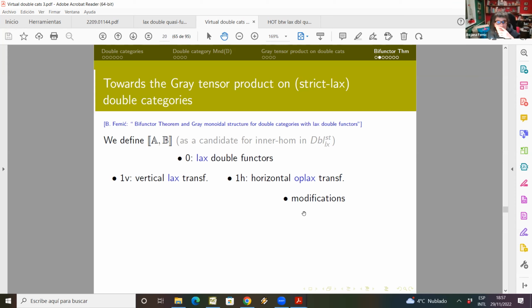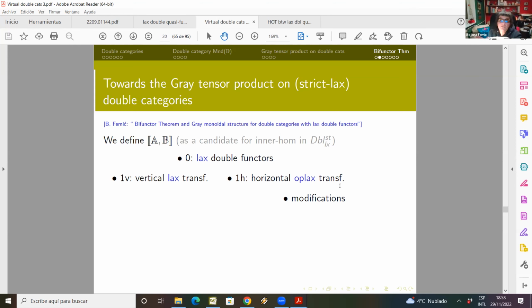So I can make a small comment here. I commented at the beginning that we have these different kinds of double functors. And then I said that the difference is that you have this vertically globular 2 cell. It speaks about the coherence of the functor with the composition of horizontal 1 cells. So following this line, one obtains these horizontal transformations.